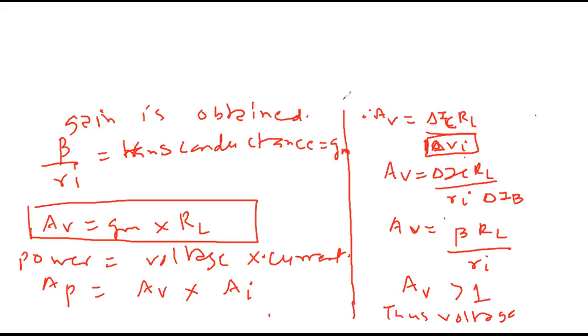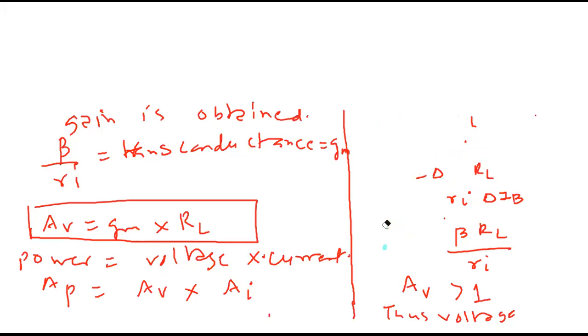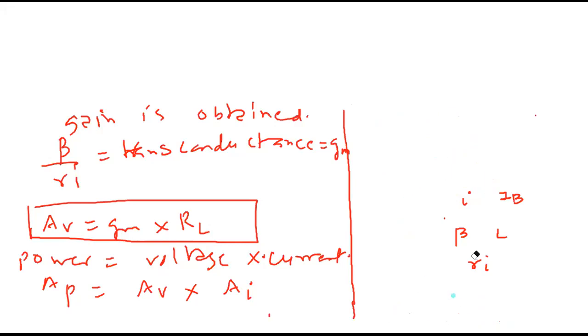A little more is left. So power gain we got, voltage gain AV into AI. Let us check whether that is greater than 1 or not. Common sense says voltage gain is greater than 1, current gain is greater than 1, so power gain will be greater than 1. AV is beta into RL upon RI, and AI is beta.